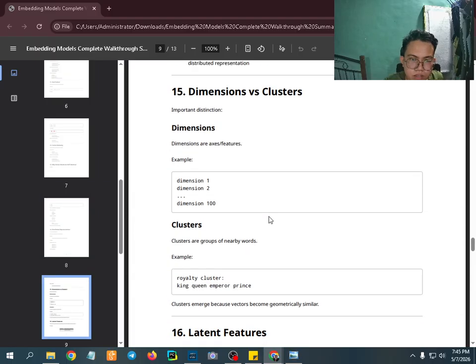And what is dimension versus clusters? Important distinction. Dimensions are axes or features. Example, dimension 1, dimension 2, and so on.